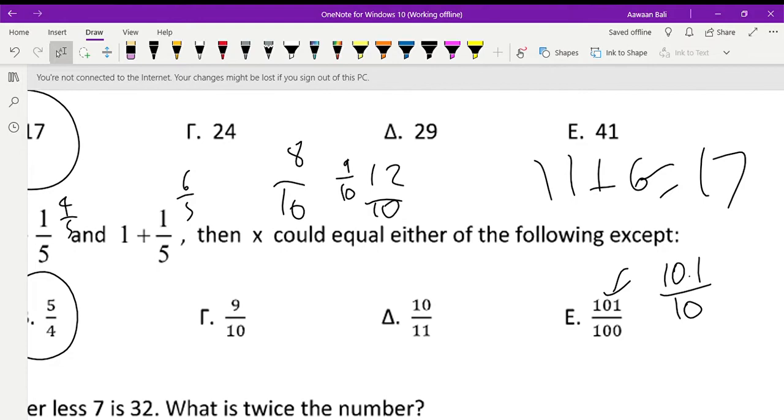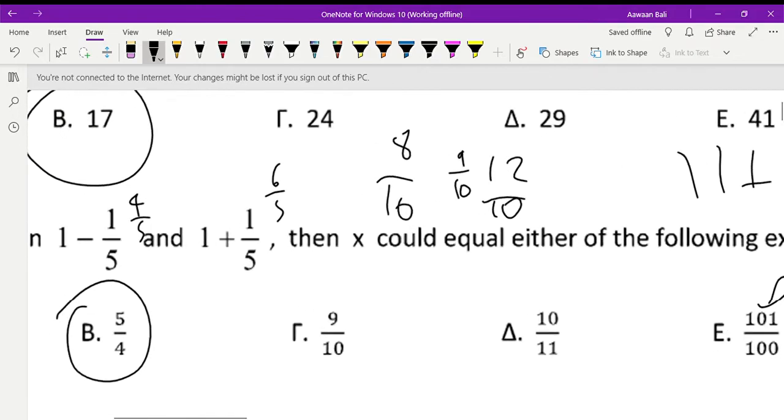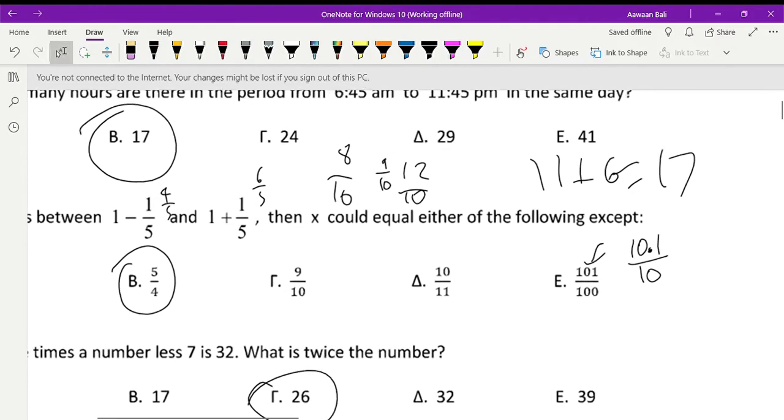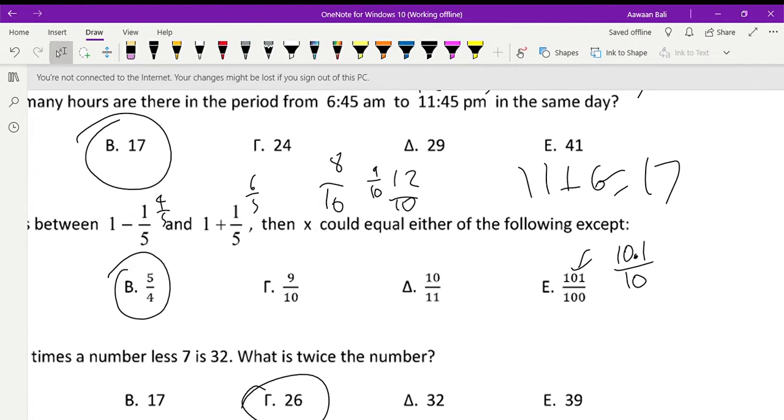Though it's not actually advised to put decimals as numerators or denominators in a fraction, since a fraction is already a decimal in itself. But anyways, since we don't need to worry about that here, because we know that 10.1 is between 8 and 12, we can say that Ida is correct.